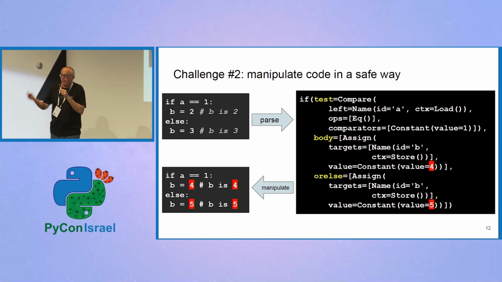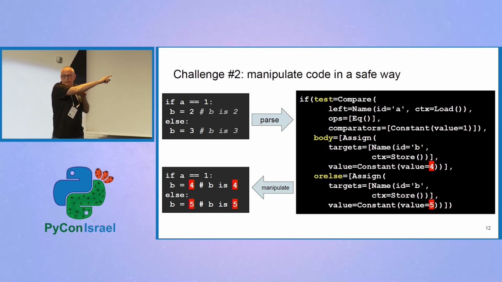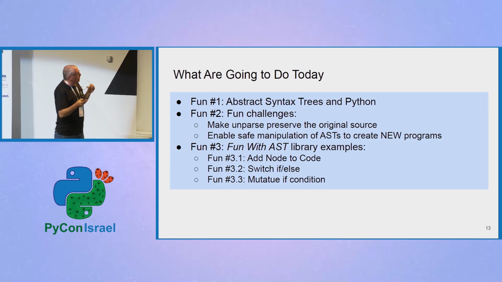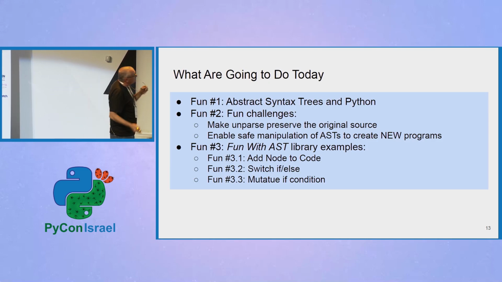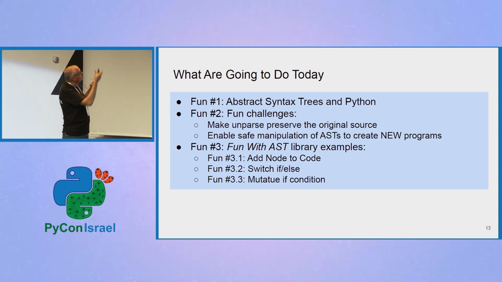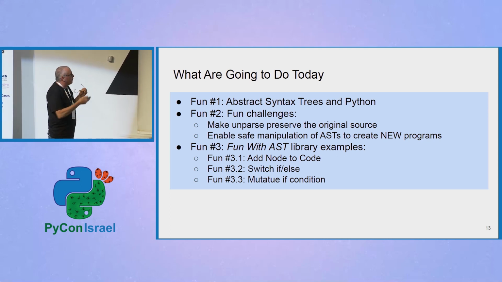So now we have another way to write programs, if we want, using abstract syntax trees and get a new program from the original one. So this is a second challenge I want to solve. So where are we? We discussed a little bit the abstract syntax trees in Python. I presented two challenges or limitations of the AST model of Python, and now I'm going to introduce the fun with AST library.